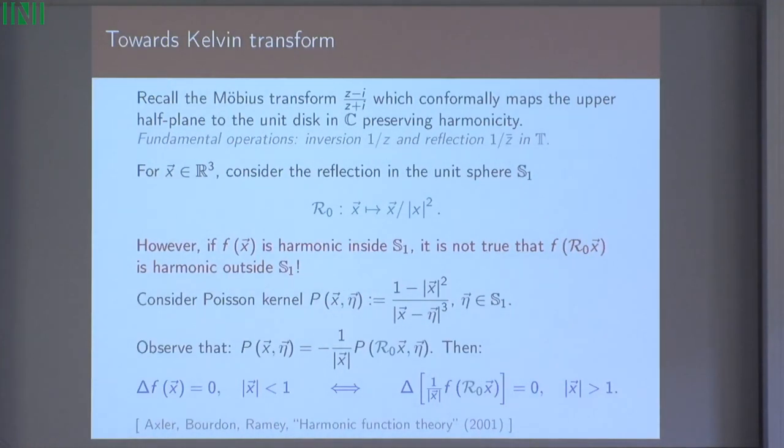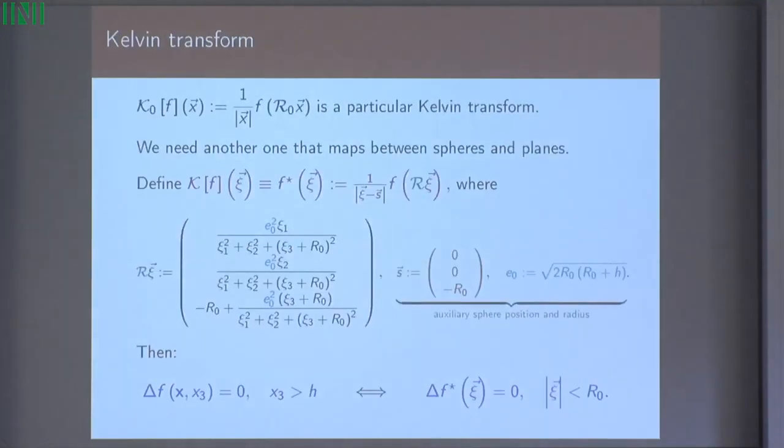The Poisson kernel for the unit ball generates all the functions harmonic inside. So by looking at how this reflection acts on it, we see that we're missing some factor, and by adding this factor, we restore harmonicity. So the Kelvin transform in this case is this reflection, a change of coordinates, and then multiplication by an extra factor.